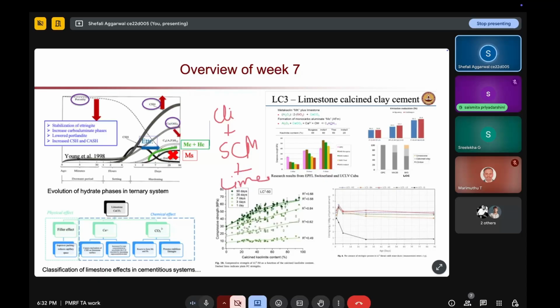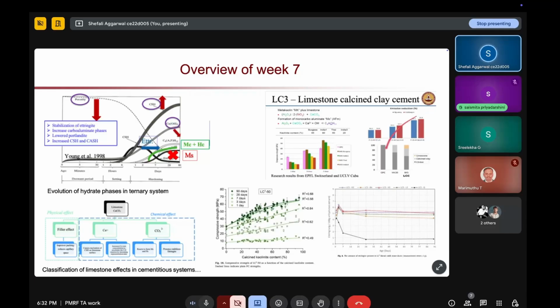In this case, the LC3 SCM is our metakaolin. So it will be clinker plus metakaolin plus limestone. That is called the LC3 system, the limestone calcined clay system.